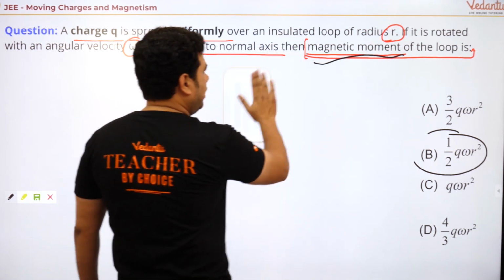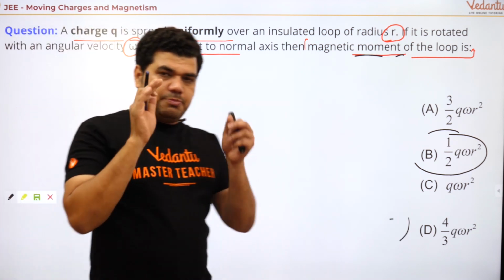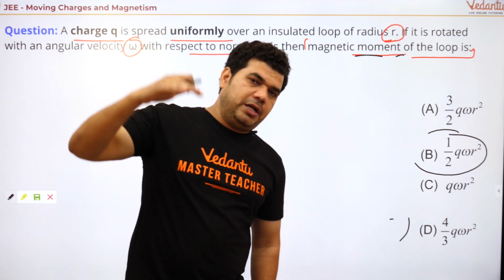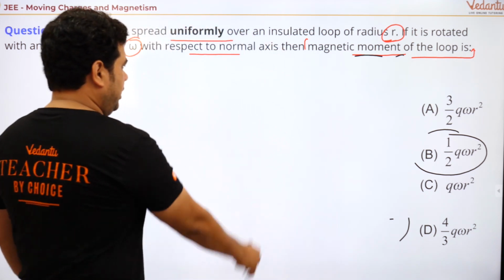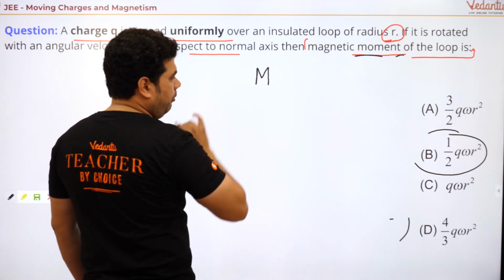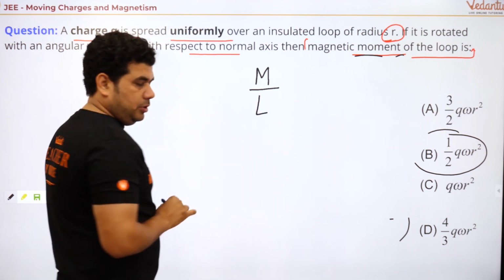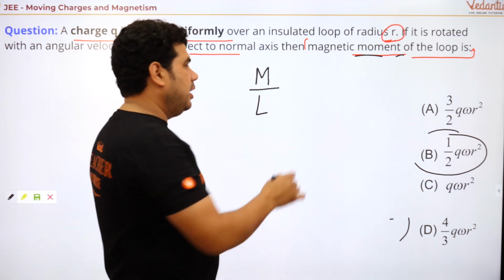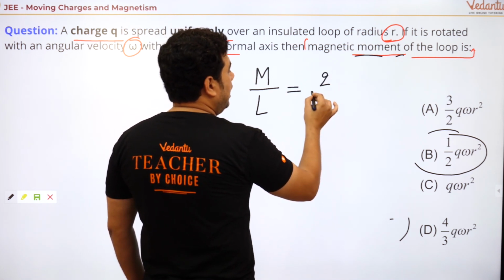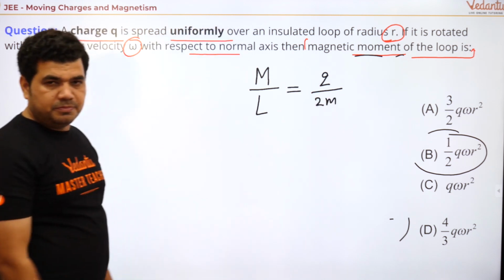The answer has come, and now look carefully, you always have to remember this: the ratio of angular momentum and the magnetic moment. See here, M is the magnetic moment, right? L is the angular momentum for any body, any object. And the ratio is always total charge divided by mass 2m.